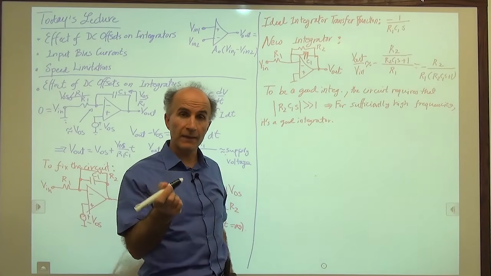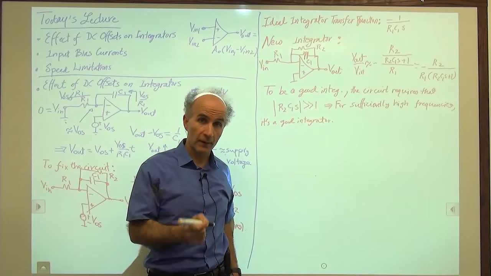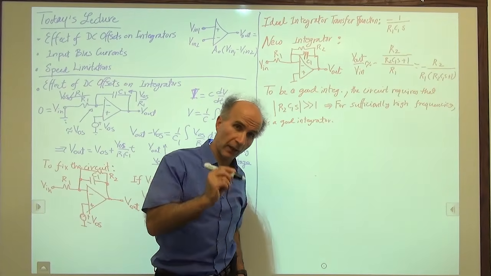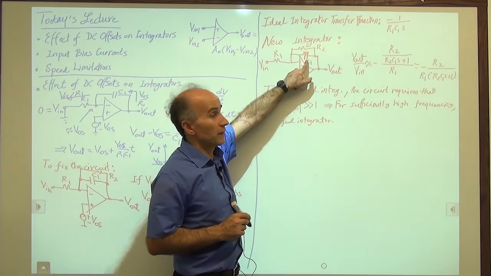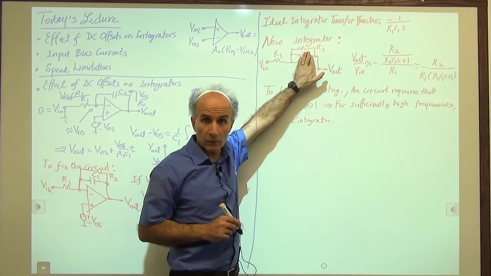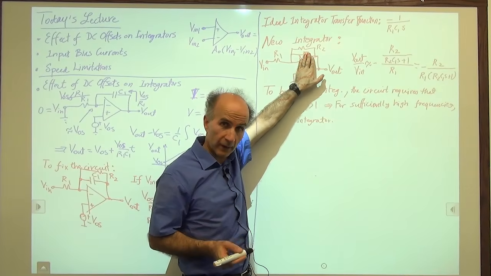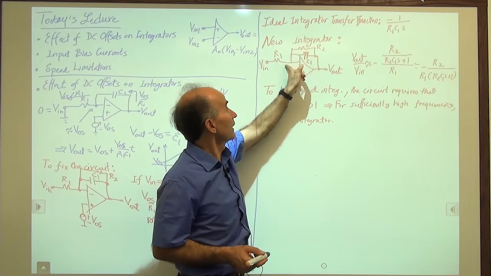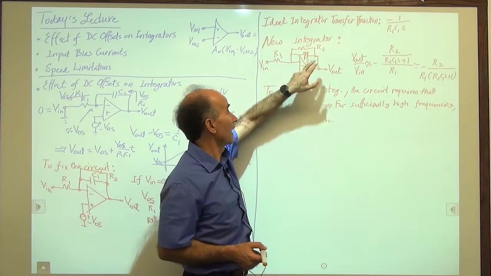Actually, intuitively, we can see why the circuit is not a good integrator if the input frequency is very low. Let's say the input frequency is very, very low. Then what happens? Well, this capacitor is an open circuit. We know that at very low frequencies, the capacitor has a very high impedance. It's like an open circuit. If that's an open circuit, what do we have from here to here? We just have an inverting amplifier.